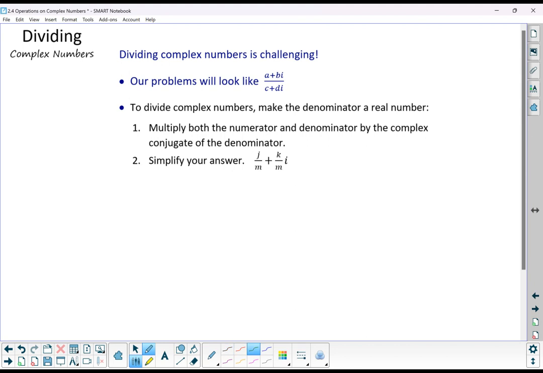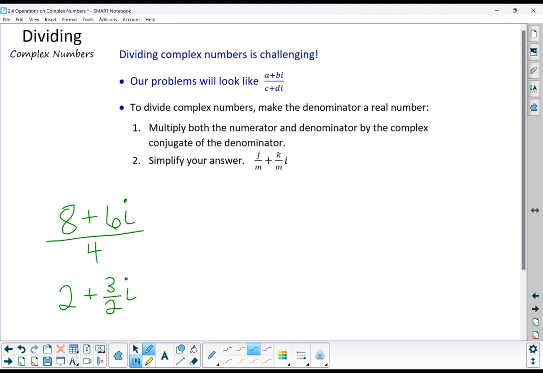So before we start, I just want to show you this little example. If I have an 8 plus a 6i and I want to divide it by 4, I absolutely can do that. It's 8 divided by 4, which is 2, plus 6 divided by 4, 3 halves i. So when I divide by a real number, I get this complex number result that has a real part of 2 and then an imaginary part of 3 halves i.